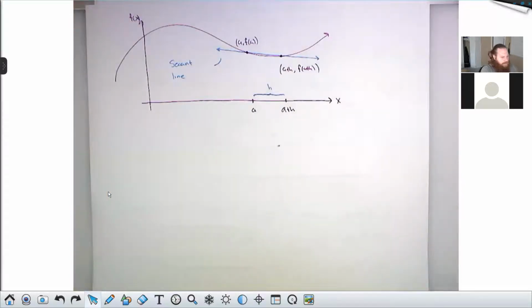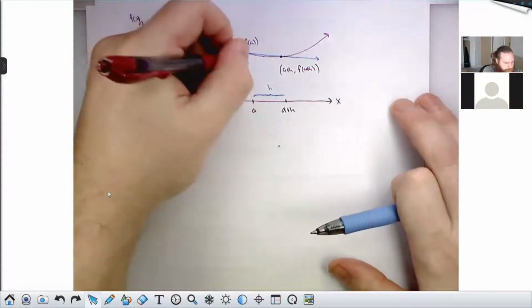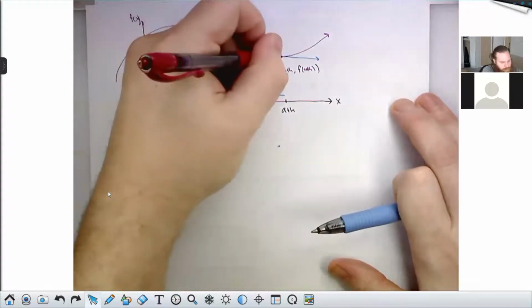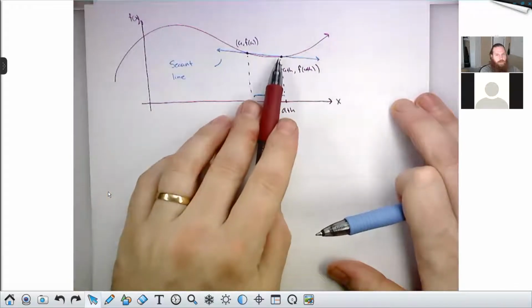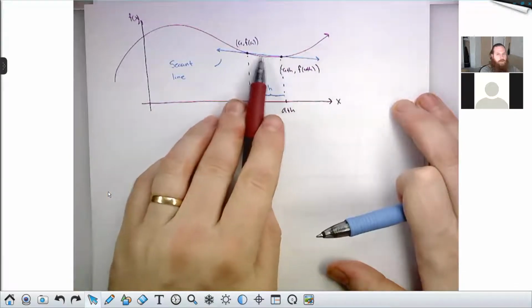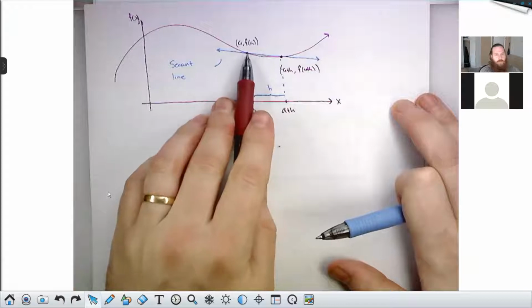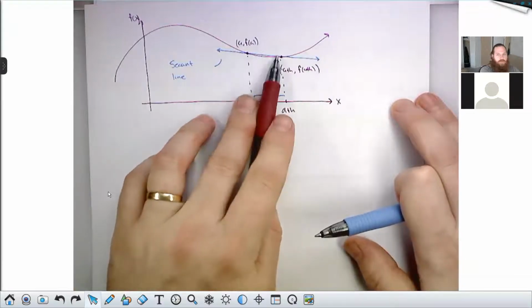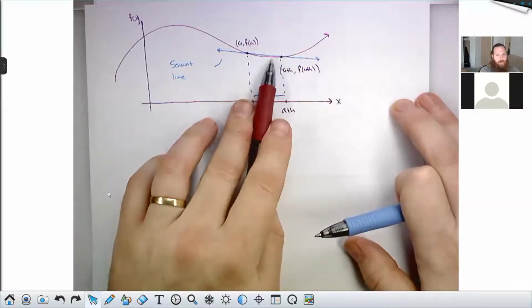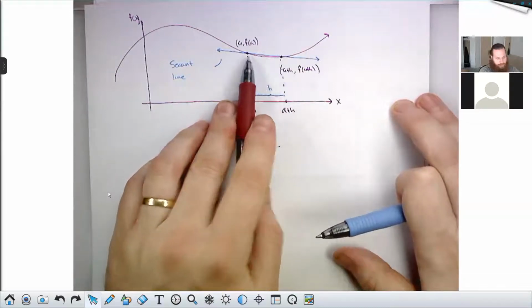We want to imagine dragging this point over here closer and closer to this point right here. As I do that, my secant line will slowly turn into a tangent line.